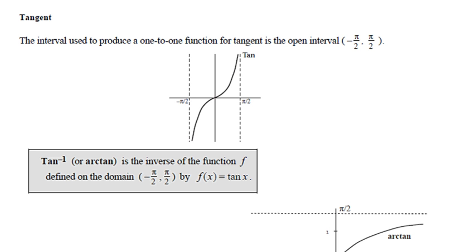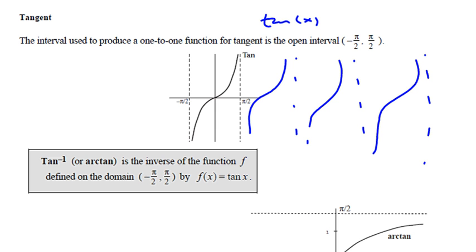Okay, last trig function that we're going to look at is tangent. So here's tangent. Now, regular tan continues to go like this. But we want to look at a one-to-one function. So we're looking at big tan of x, which goes between negative pi over 2 and pi over 2. Therefore, the arc tan of x will look like this.